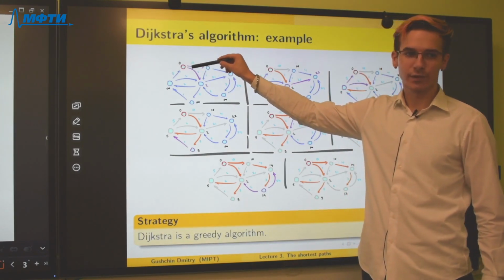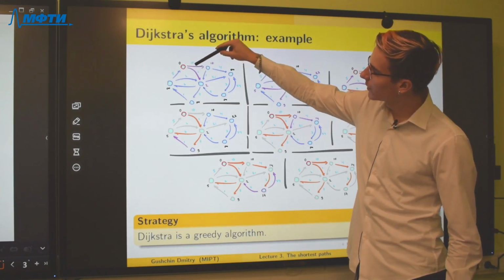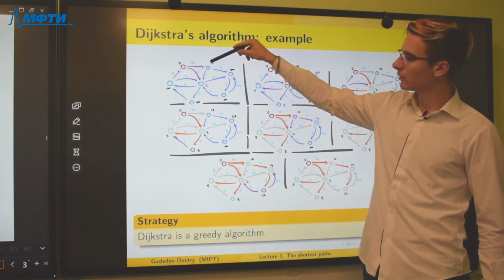We extract it from the queue. We relax all the edges incident to this vertex.